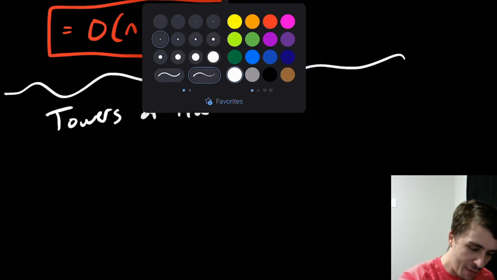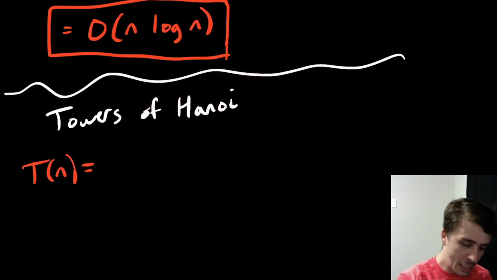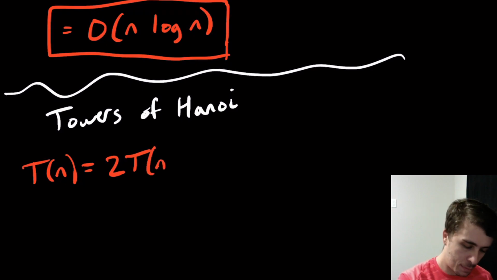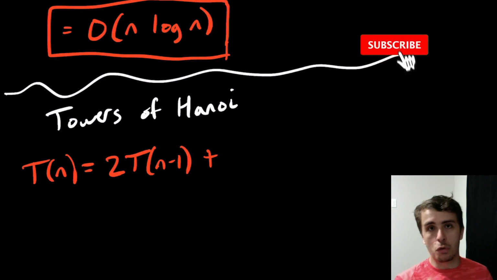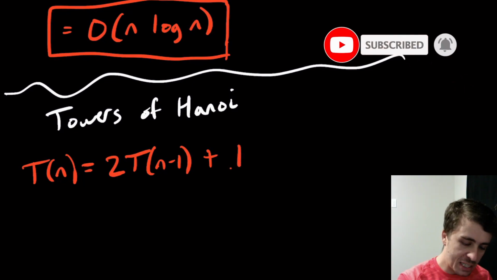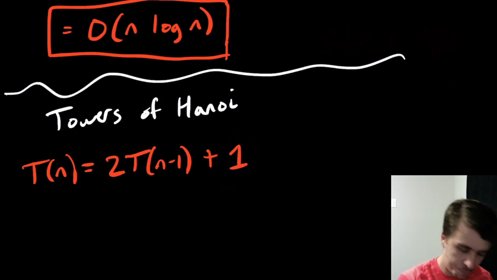So what we have here is that the runtime t of n is going to be 2 instances to move n pegs. We had to move n minus 1 pegs twice, but the intermediate work is to move exactly 1 peg once. So in fact, we can say exactly what the runtime is, at least for this part.